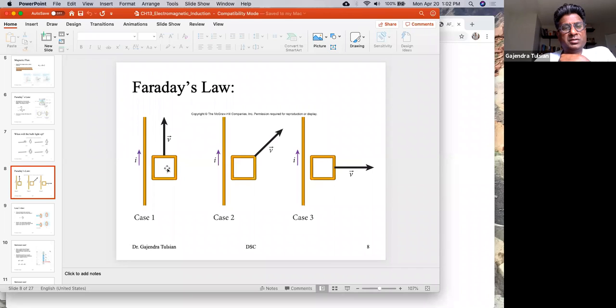If this loop of wire moves parallel to the wire, the net flux through this loop does not change, and no current will be induced. If on the other hand you move the loop in that direction with a velocity component perpendicular to the wire, either this way or that way, the flux through this will change and you'll induce an EMF in this wire.